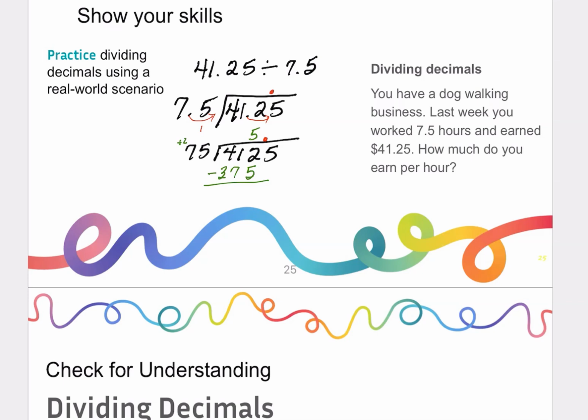We have 412 minus 375. Let's walk through that together, making sure that we're borrowing as we need to. Okay, so here we have 5 that we cannot take away from 2, so we can change that 1 to a 0 and that 2 to a 12. 12 minus 5 is 7.